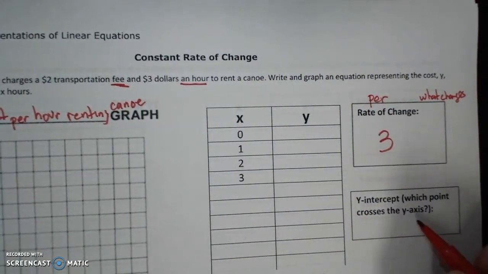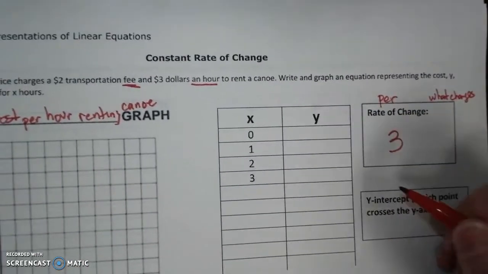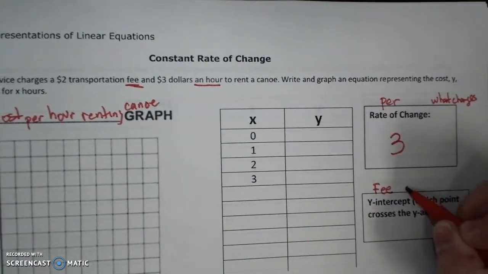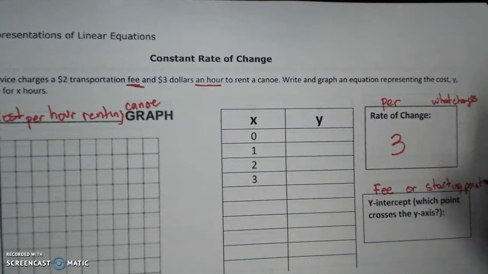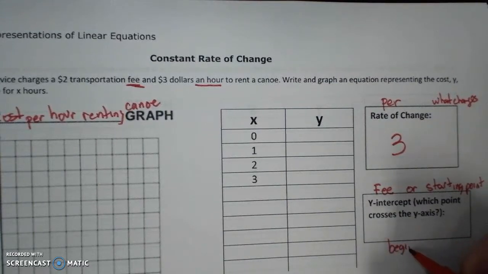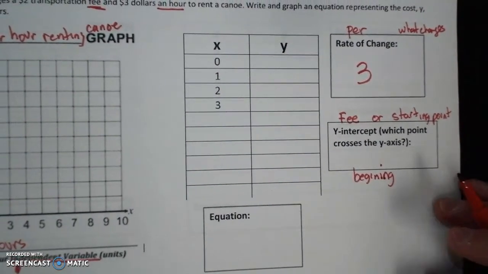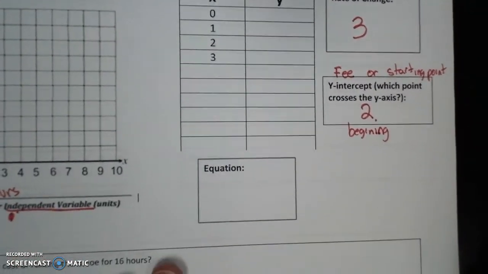Okay, my y-intercept, which is the point that crosses the y-axis, is referring to information here. Another word for y-intercept is fee, or starting point, or you know it as beginning. And so my fee was 2.